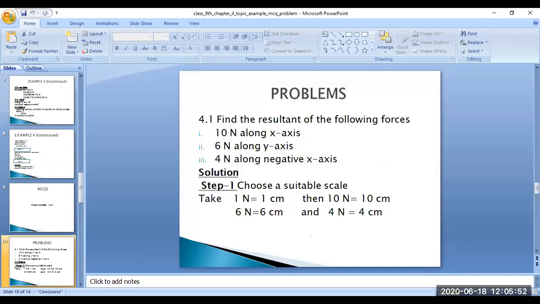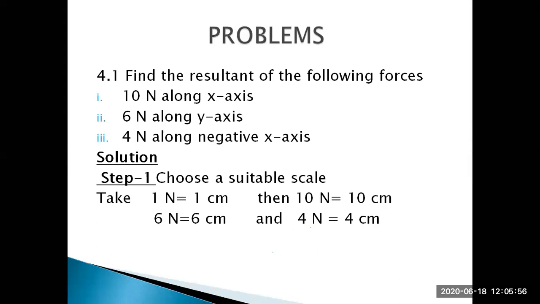So this is our first problem on page number 105 of the 9th class book. Find the resultant of the following forces: 10 Newton along x-axis, 6 Newton along y-axis, and 4 Newton along negative x-axis.